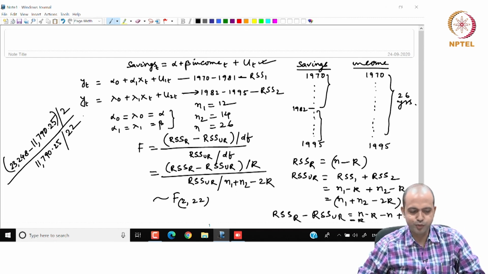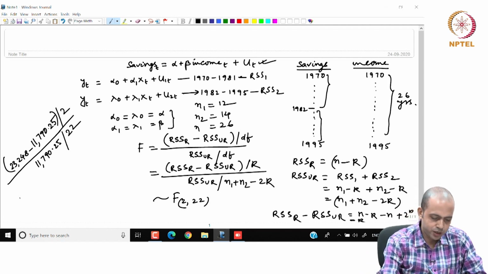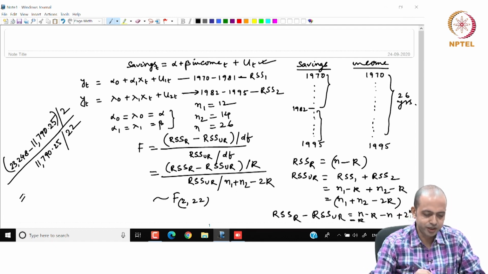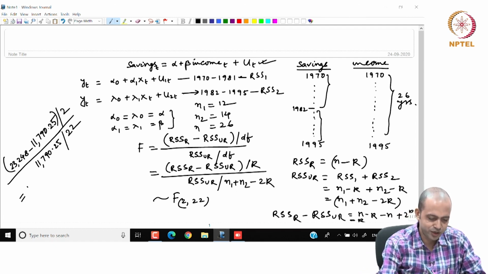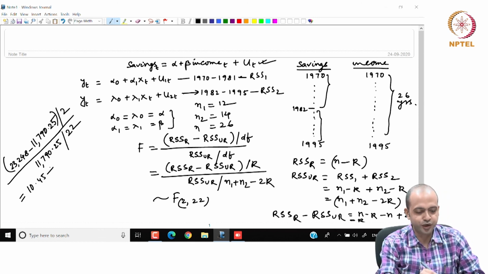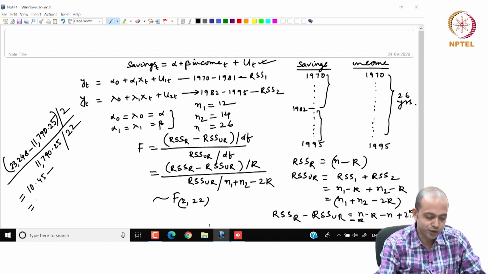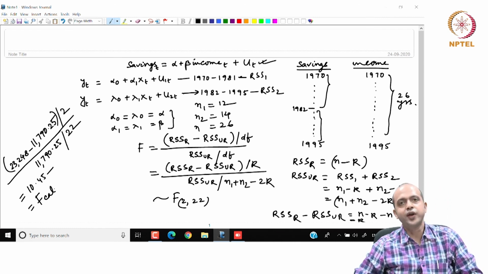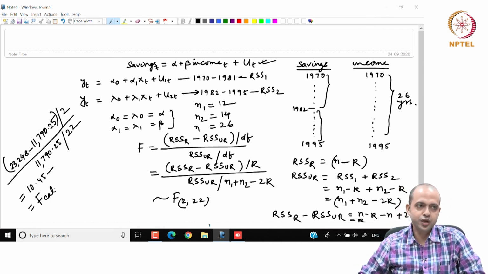If you calculate this, some 10 point something will come, 4, 5 or something. You have to calculate this, and this is what I would call F calculated.